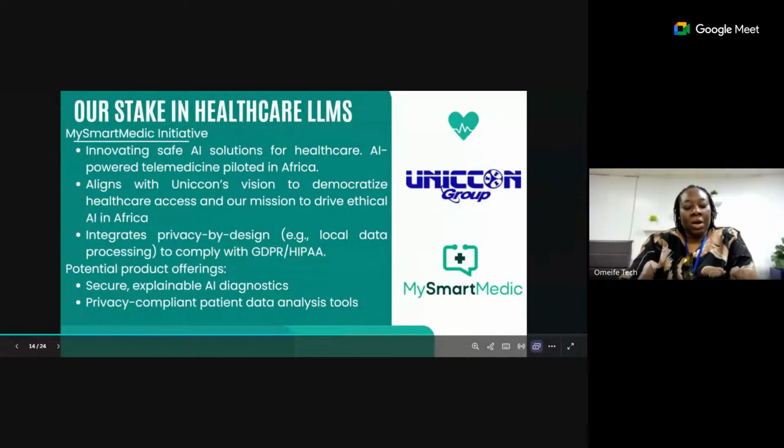Our project aligns with Unicorn's vision to democratize healthcare access and our mission to drive ethical AI in Africa. It integrates privacy by design, and the potential product offerings of our company include secure explainable AI diagnostics, and privacy-compliant patient data analysis tools as well.